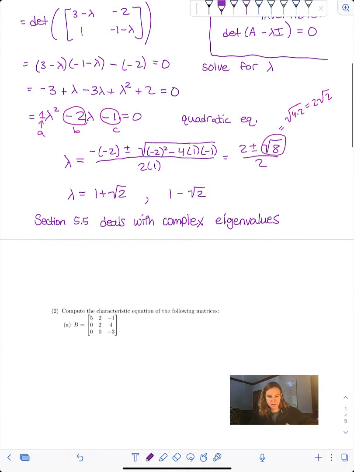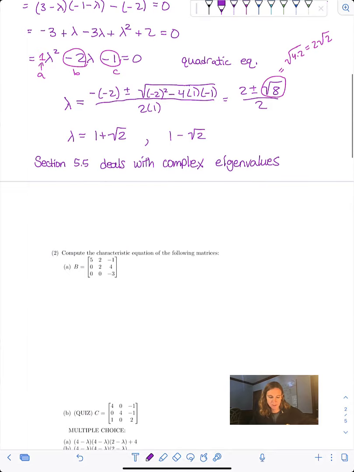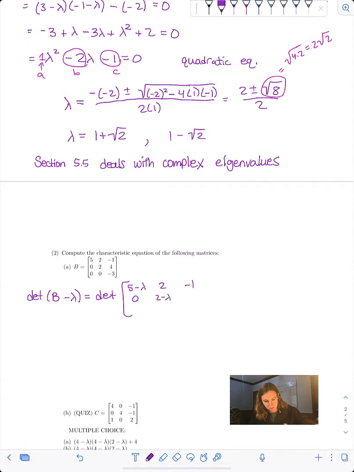Okay, so let's look at some slightly easier characteristic equations. If you have an upper triangular matrix, or a triangular matrix in general, remember the determinant of B minus lambda still winds up being the determinant of an upper triangular matrix, because even though we subtract a lambda from the diagonal elements, it didn't change the fact that it's upper triangular.